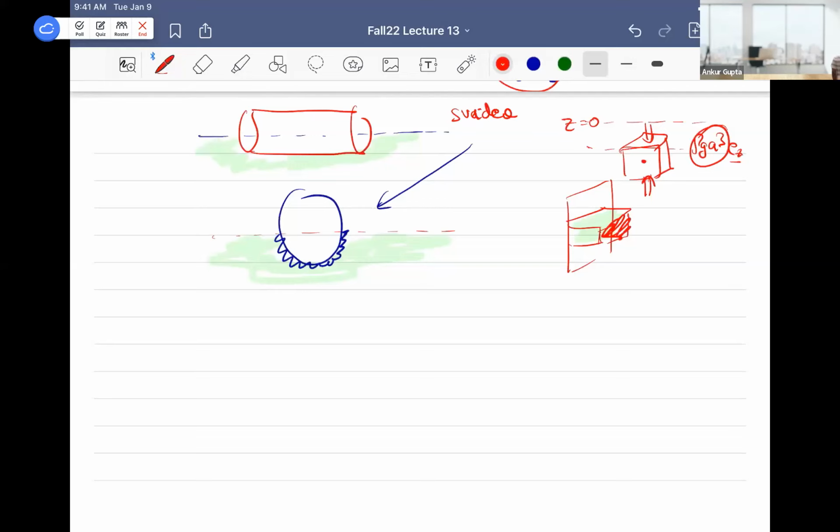Say this is some height H. The difference of pressure will always be this. There is a difference in pressure at each face, but the net cancels out.